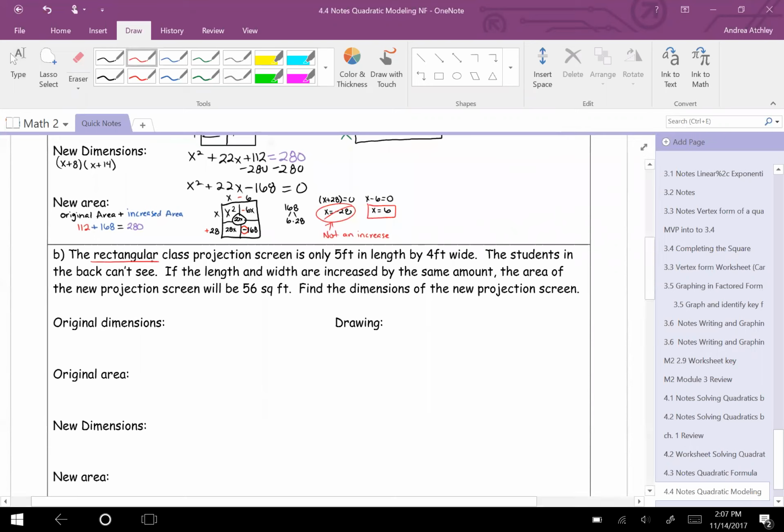Okay, we have another rectangle. Alyssa, what's something you underlined? Okay, my dimensions. Good. Chloe, what's something you underlined? Same amount. Increased. We should probably do the whole thing. Increased by the same amount. So we know it's not like decreased or multiplied by the same amount.